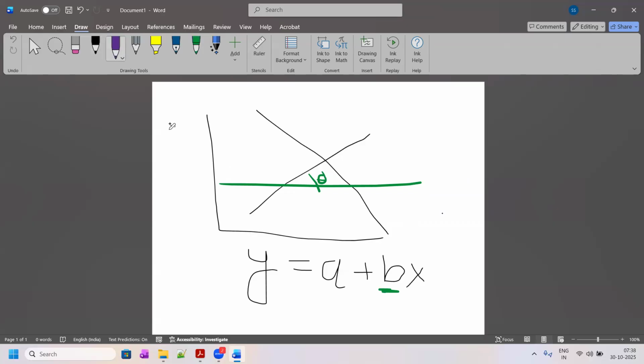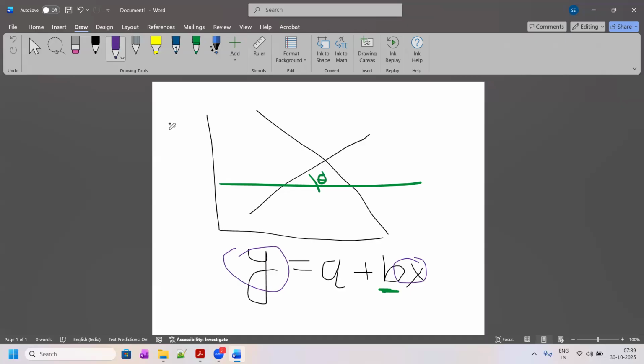This is the independent variable called x, and this is the dependent variable called y. We are trying to say how y is dependent on x, because y is the dependent variable. So we are studying how the dependent variable depends on the independent variable x.